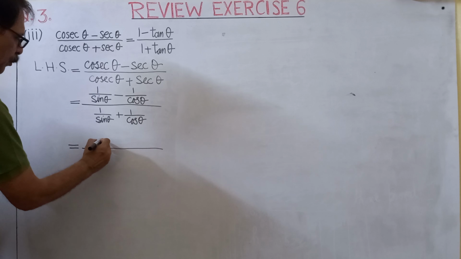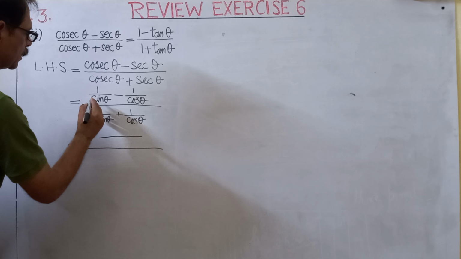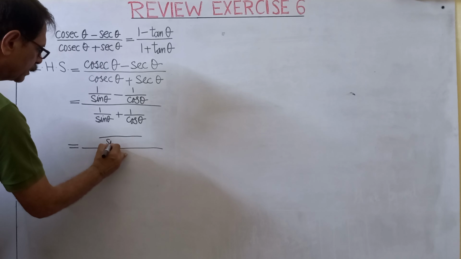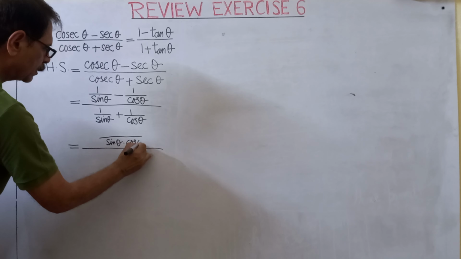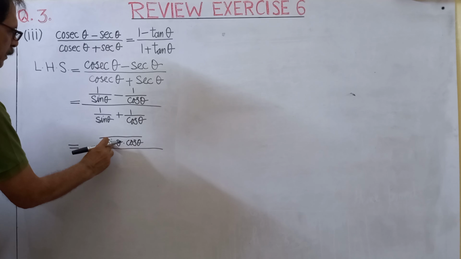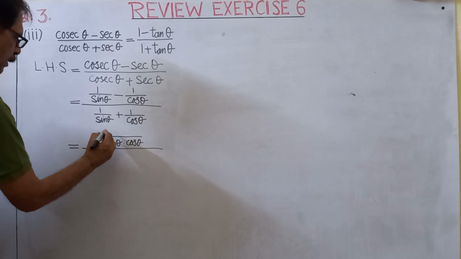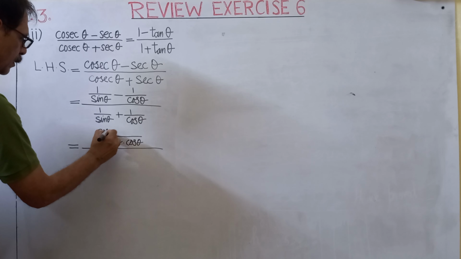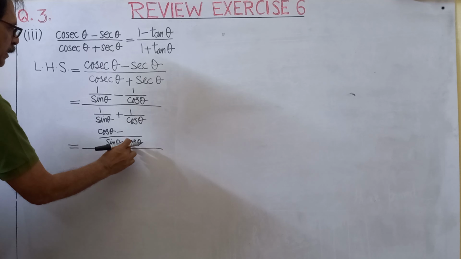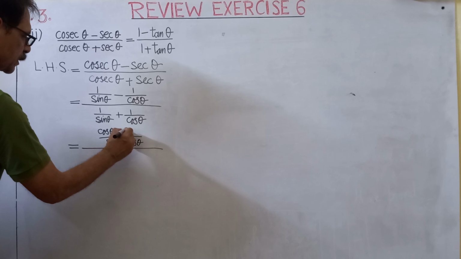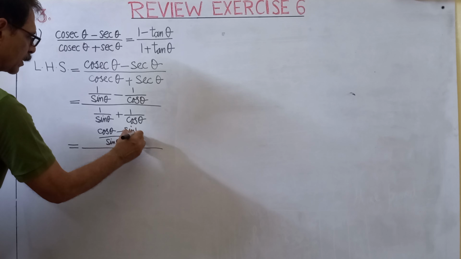LCM of the numerator, which is sin theta into cosine theta. Sin theta cancelled with sin theta, here comes cosine theta, minus cosine theta cancelled with cosine theta, here comes sin theta.